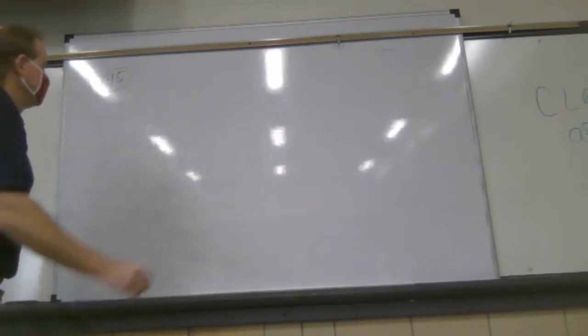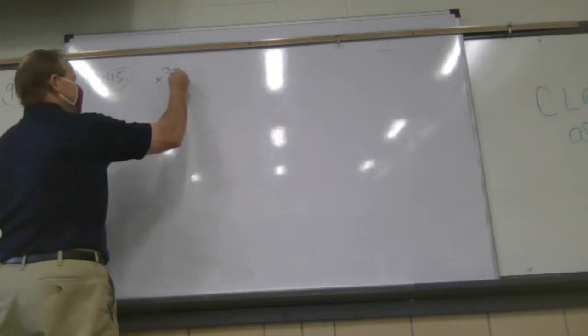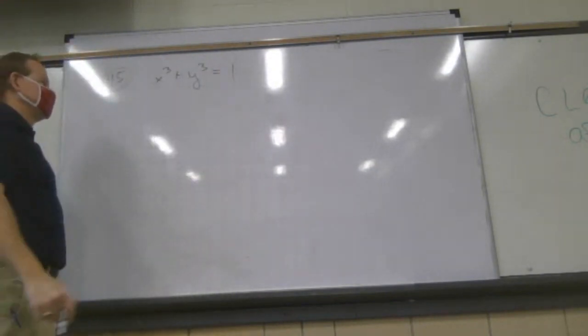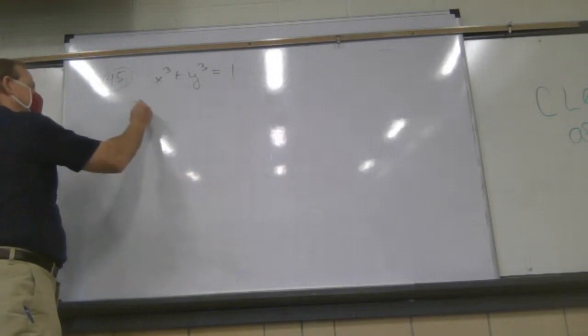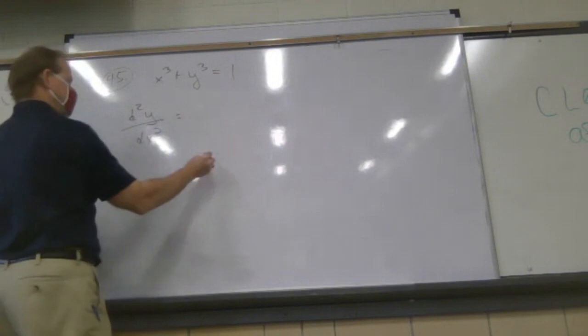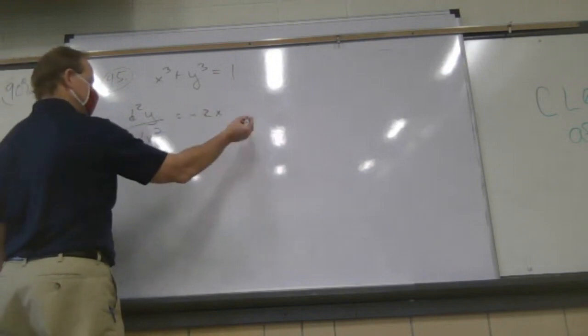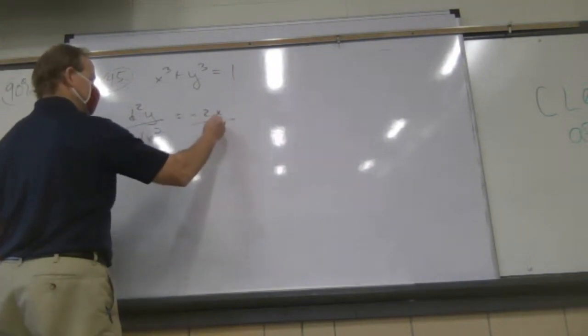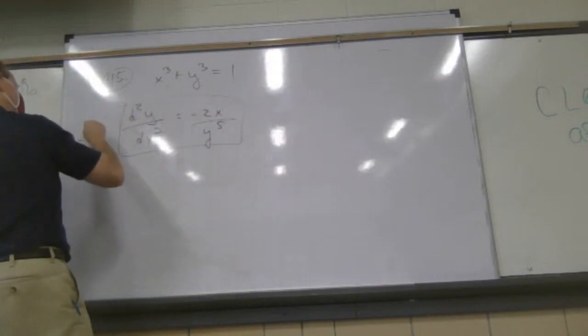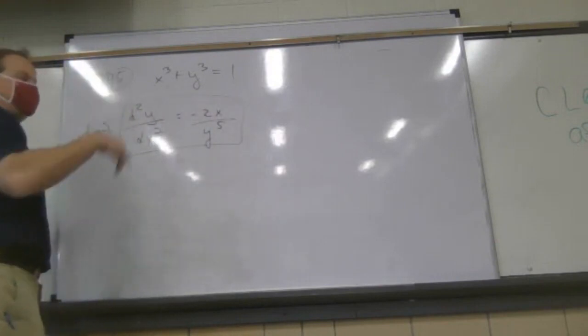X cubed plus y cubed equals 1, and show that d2y over dx squared equals negative 2x all over y to the fifth. Yep. Okay, there, I just did, boom.